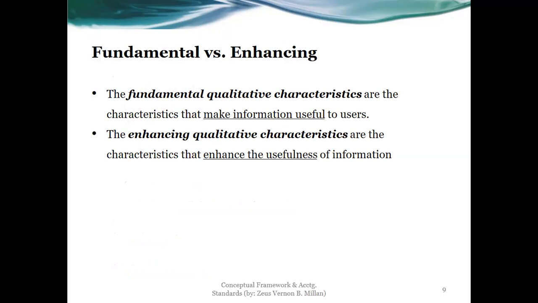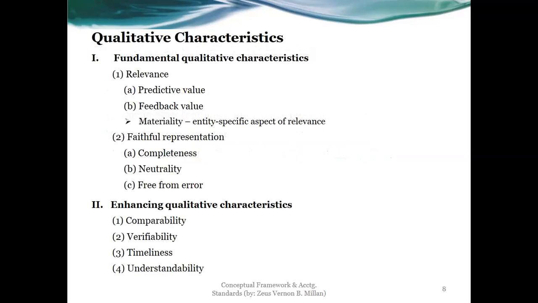Otherwise, if we do not satisfy the fundamentals, then enhancing would be useless, because fundamentals should be there to be useful. All right. So what I mean by that is, for example, if it is not relevant, even if we have enhancing, that information really is not useful because it does not satisfy the fundamental, which is relevant. And it should be all of them, not just one or two or majority. It should be all.